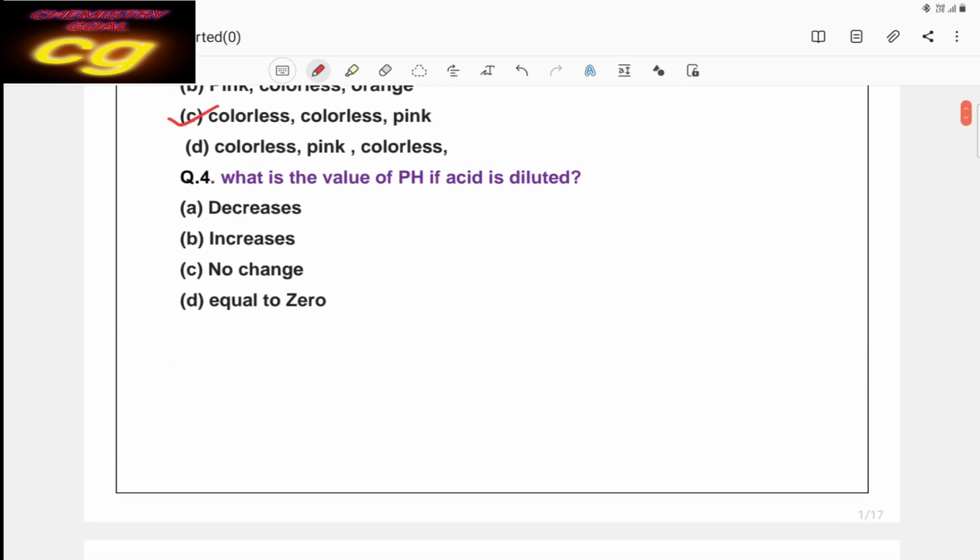Then question number 4: what is the value of pH if acid is diluted? If acid is diluted, the concentration of H+ ion decreases.